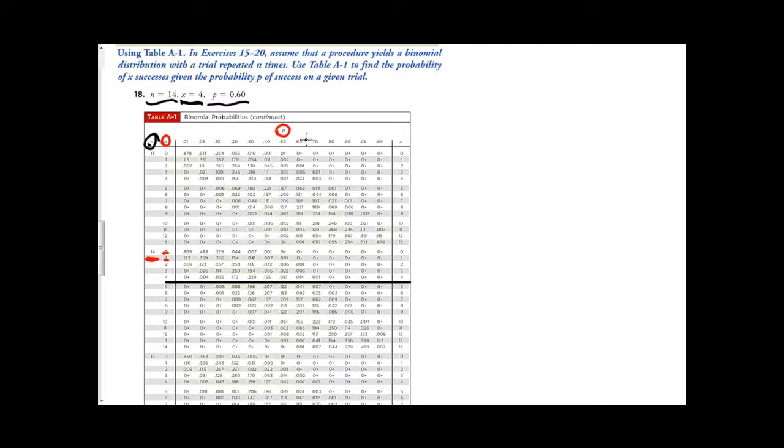So let's see. To the left of this line, that column there represents all the probabilities of x, where the probability of a success in one trial is equal to 60%. So let's see, we're looking at this row and this column.